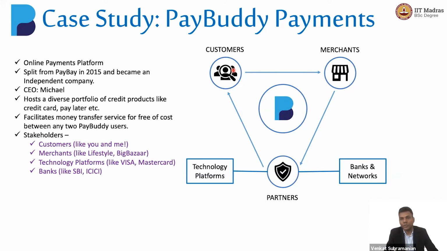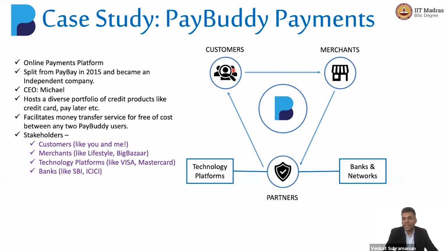He will actually get only 290 rupees in his hand. So effectively, the merchant is fully covering the cost of PayBuddy. The customer doesn't know. He saw 300 rupees, he paid 300 rupees. But somewhere that 10 rupees the merchant has given away to PayBuddy to make all these things happen. Otherwise, it will not happen.